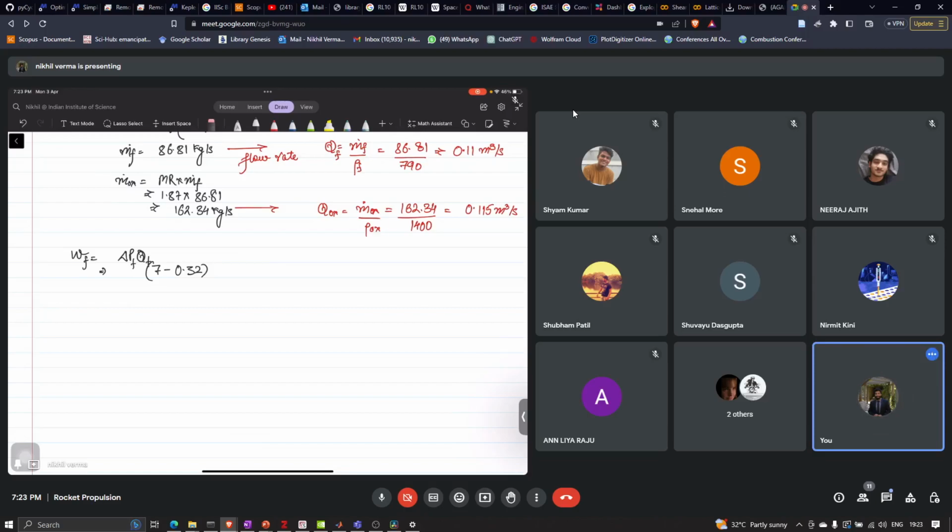So into 10 to the power 6 into 0.11. So with this we will get the value as 0.735 megawatt.